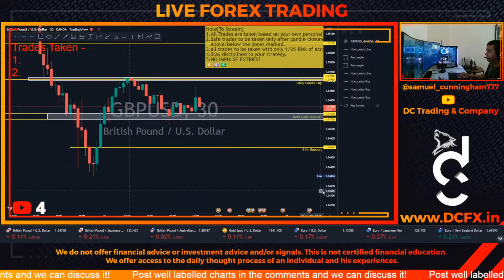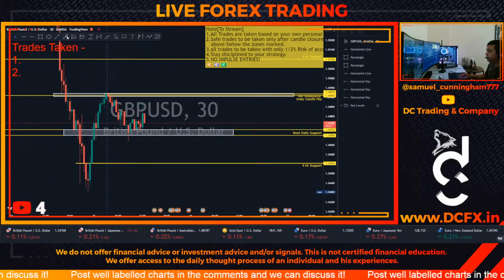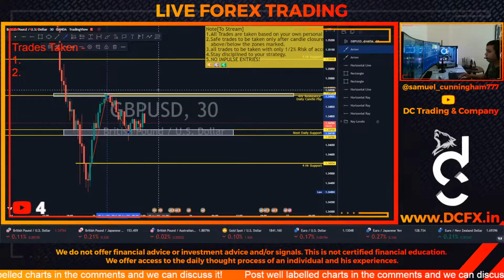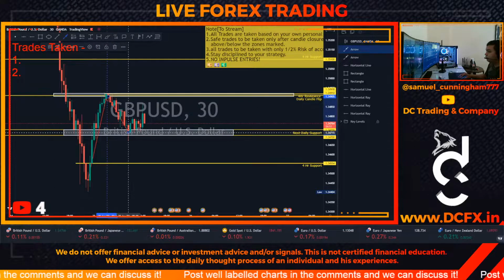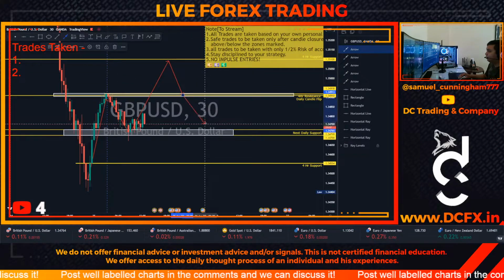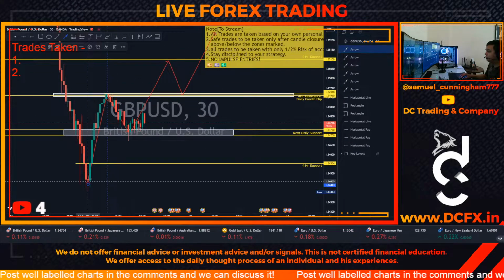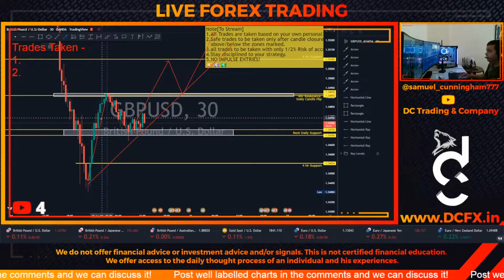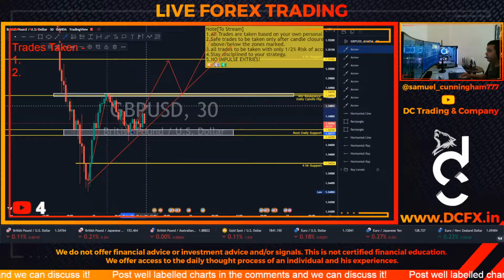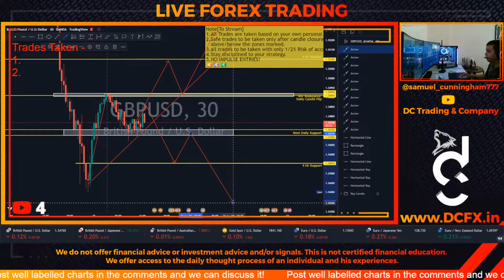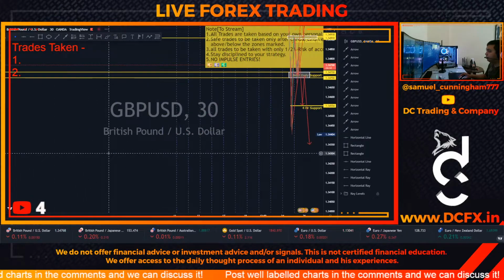Okay, so what we want to see on GBP USD is either this to continue up, like that in a bullish market, or if we don't see that and we start seeing this, a lower high, we're gonna want to reach lower after that.